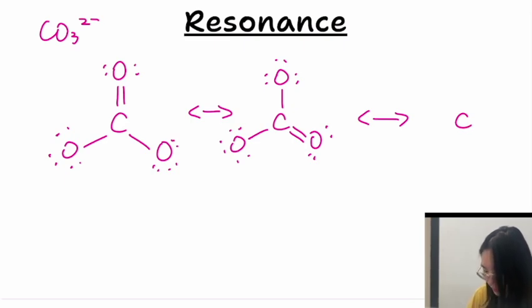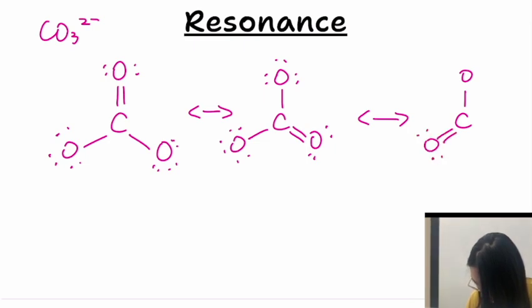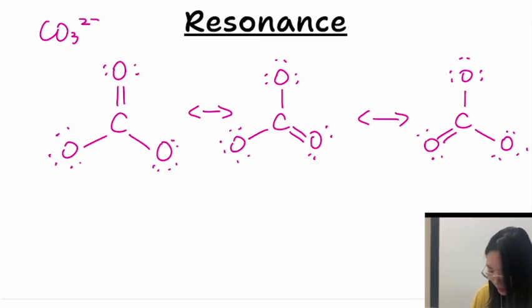When you draw the resonance structures, you use the double-sided arrow to connect them, which means that they can switch between each other. Again, in nature, when you have a carbonate ion, you are actually going to observe the resonance hybrid structure.